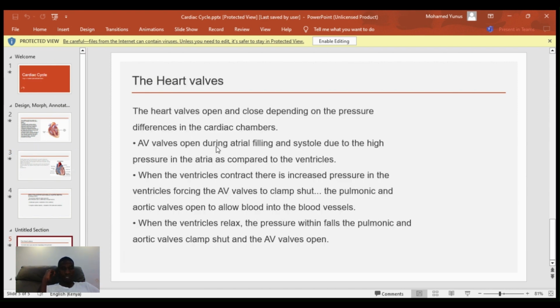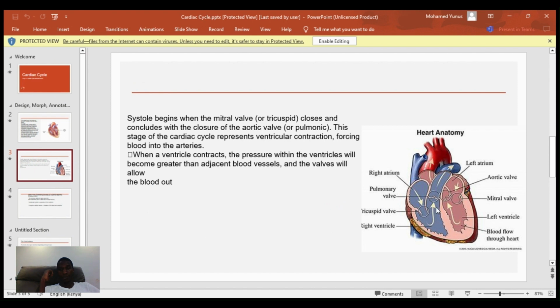So the atrioventricular valves open during atrial filling and systole due to high pressure in the atria compared to the ventricles. When the ventricle contracts, there is increased pressure in the ventricles, forcing the atrioventricular valves to clamp shut. So let's go back to our diagram. When there's a lot of pressure here, the atrioventricular valves, that's the tricuspid valve, this one right here, you can follow my cursor, and the mitral valve, point down this way.